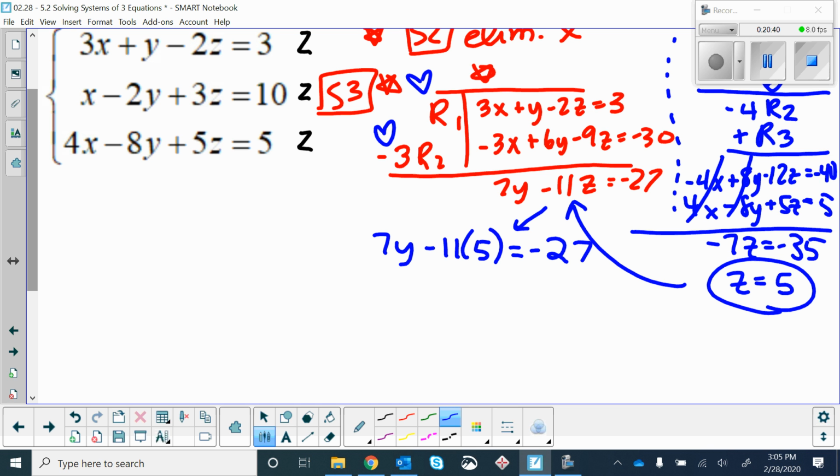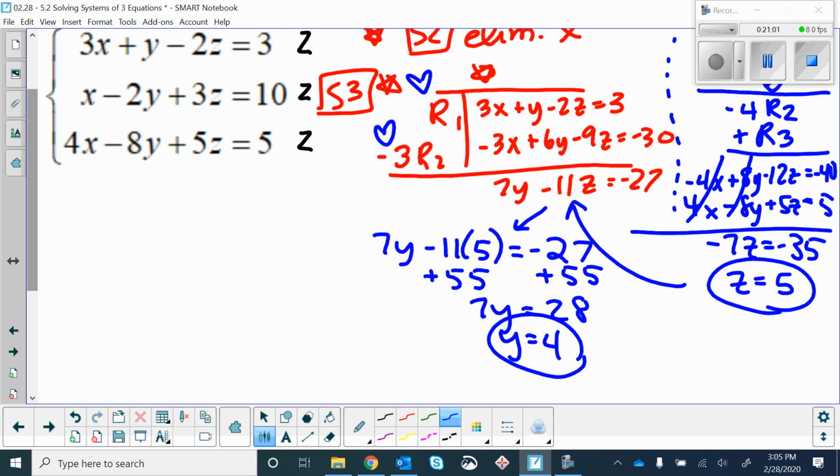So that's negative 55. I'm going to add it to both sides. So 7y equals 28. That means y equals 4. And oh my gosh, we're still in there. So that's the end of step 3.